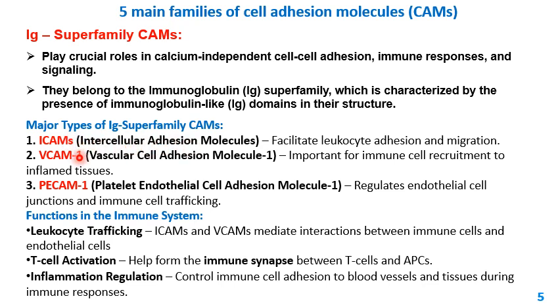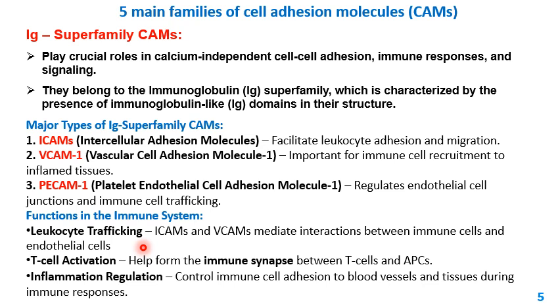And then you also have the VCAMs. Those are more specific for vascular tissue. Again, the same types of functions. Then you have the PCAM. This guy I have not mentioned before. So this guy is important for platelet type of interaction with endothelial cells. So it's platelet endothelial cell adhesion molecule.